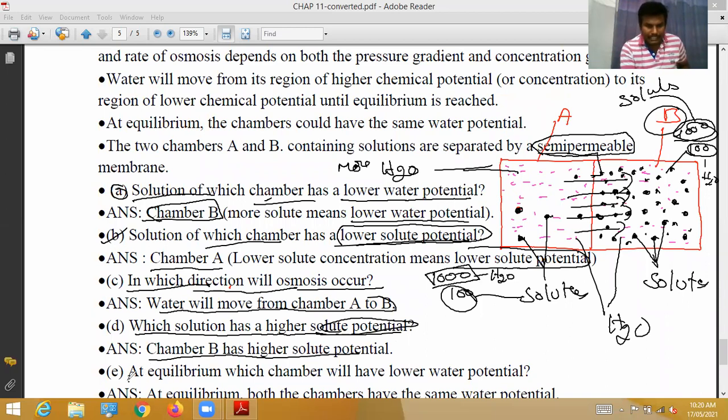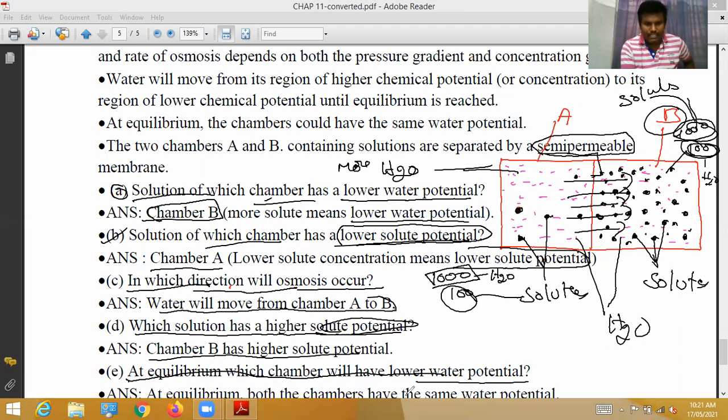At equilibrium, which chamber will have lower water potential? Here I already wrote 1000 solutes, 100 water molecules.